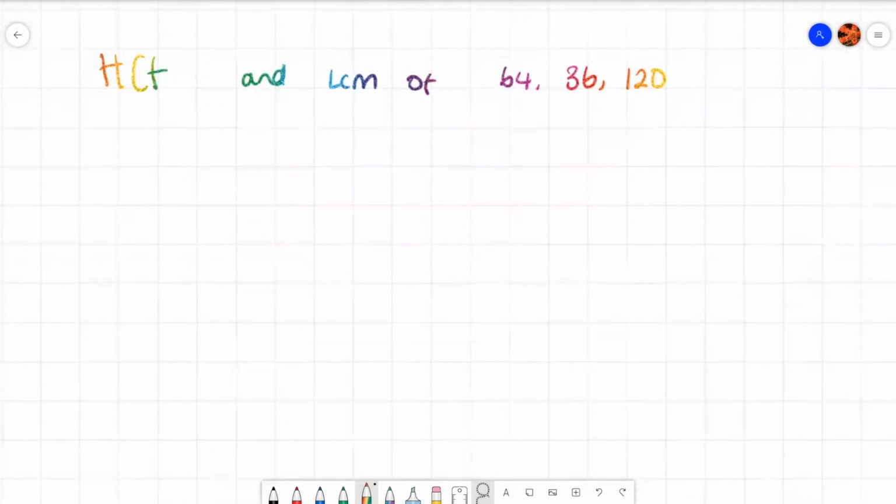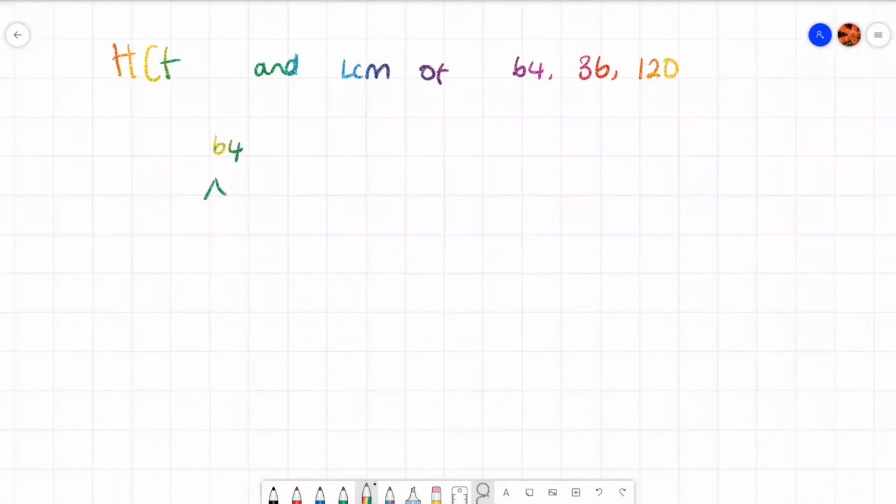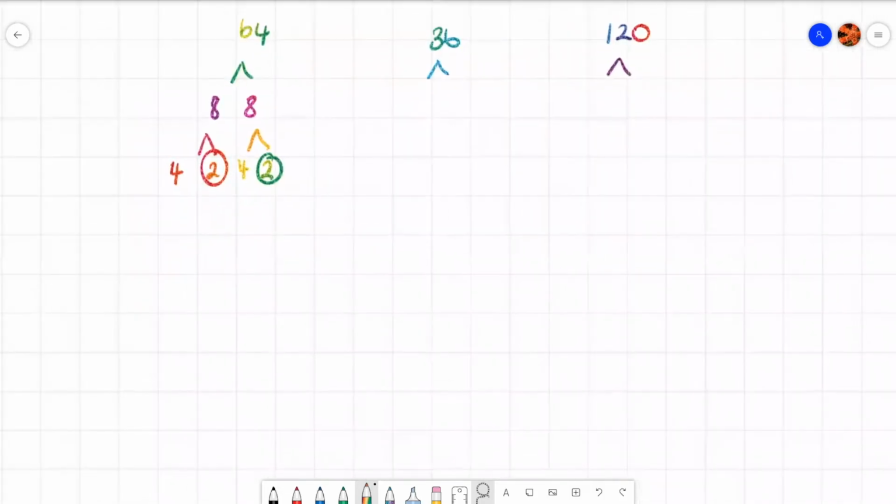So prime factor trees for these numbers. Okay, 64, I'm going to do 8 times 8. None is prime, so 4 and 2, 4 and 2. 2 is prime, circle it and stop. For 4, 2 and 2. And 2 is prime, so circle it and stop.